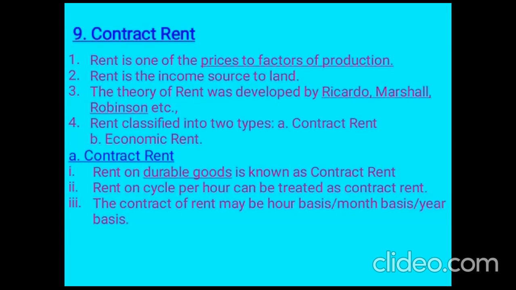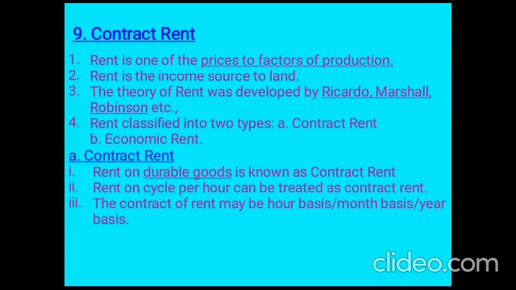These goods come under the category of consumer goods. Rent on a cycle per hour can be treated as contract rent. The contract rent may be on an hourly, monthly or yearly basis.